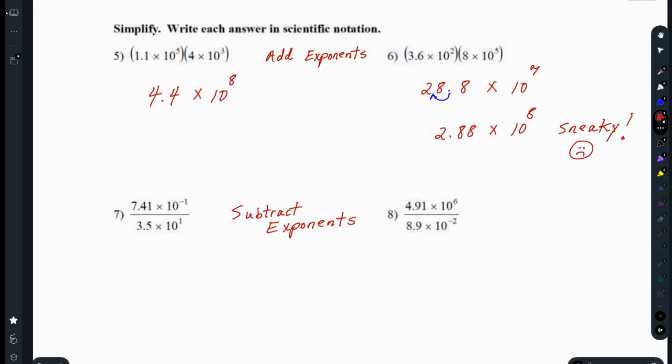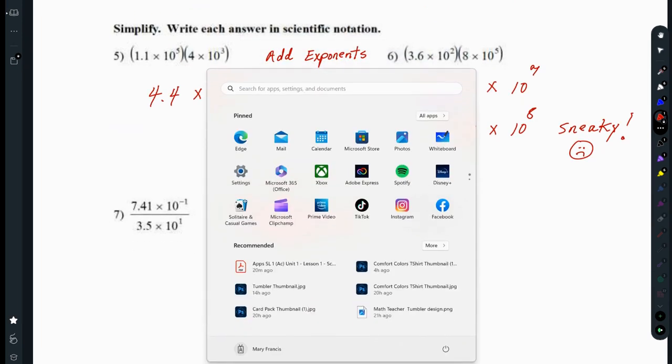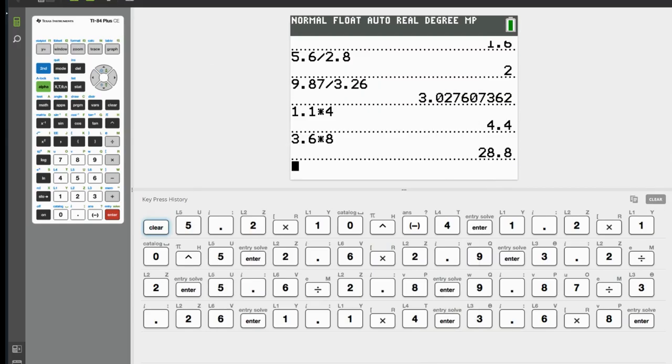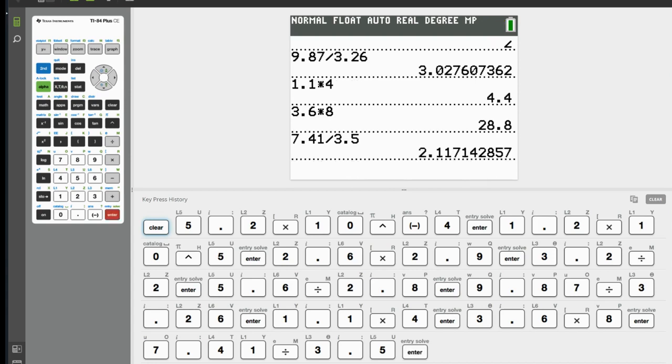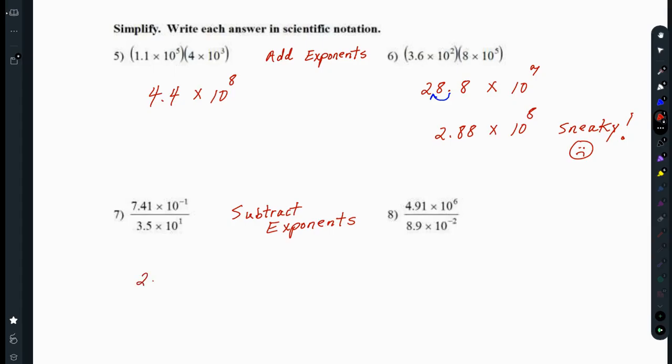All right, number 7, we've got 7.41 divided by 3.5. We get 2.117, again, round to the nearest thousandth. We've got -1 minus 1. That gives me -2.